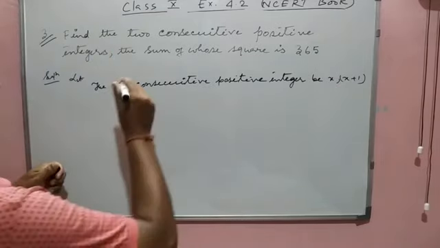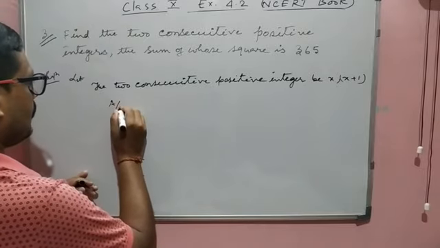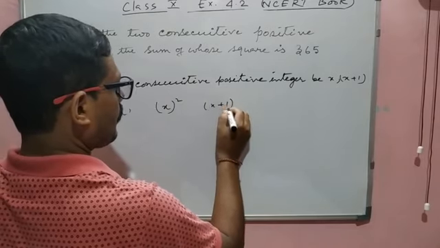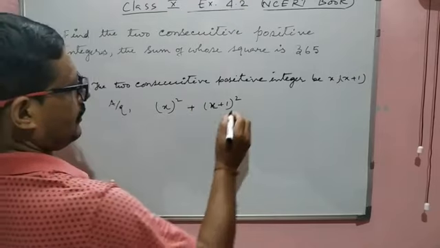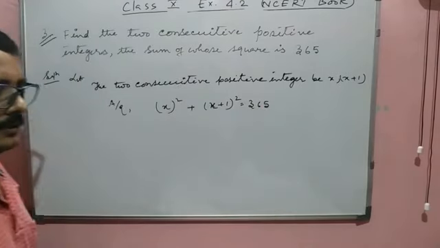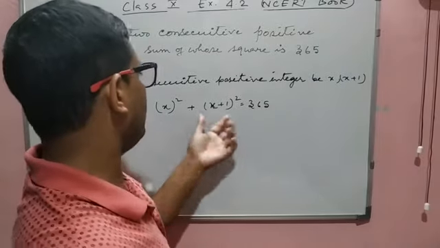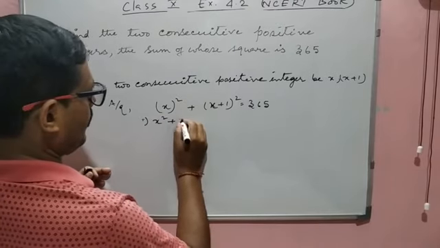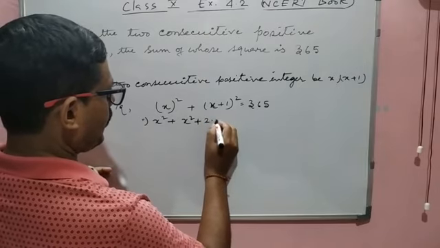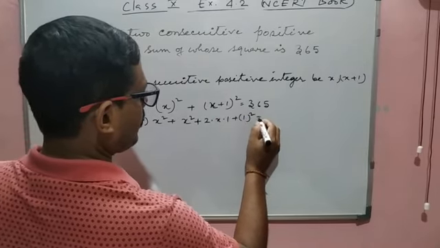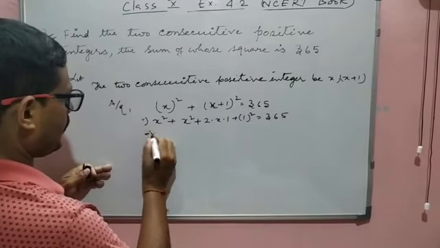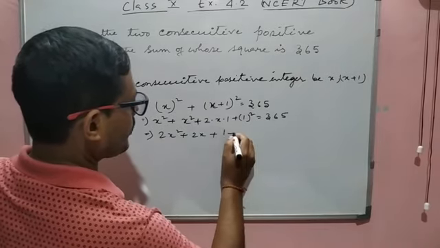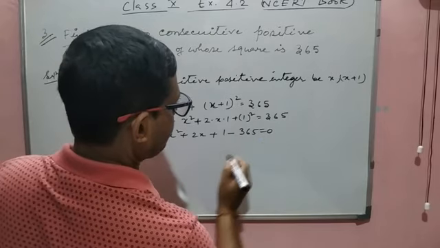So according to the question, the sum of whose squares, meaning we have to square both and add them, then we get 365. Now on simplification we get x square plus (x plus 1) whole square, a plus b whole square is a square plus 2ab plus b square, equal to 365. Now we get x square plus x square, 2x square, plus 2x, plus 1, and transferring, minus 365 equal to 0.